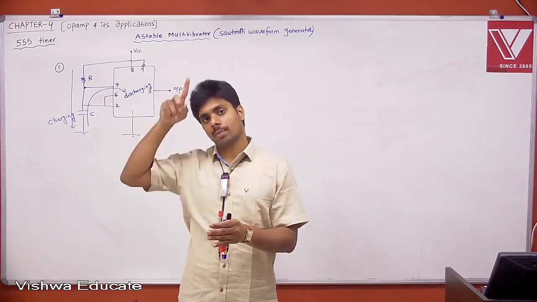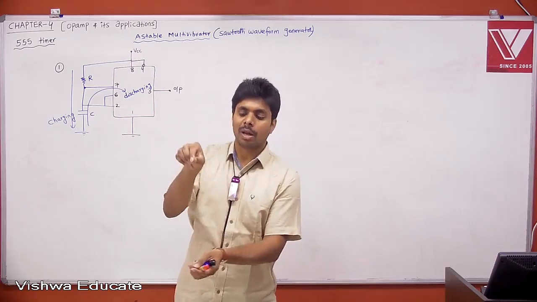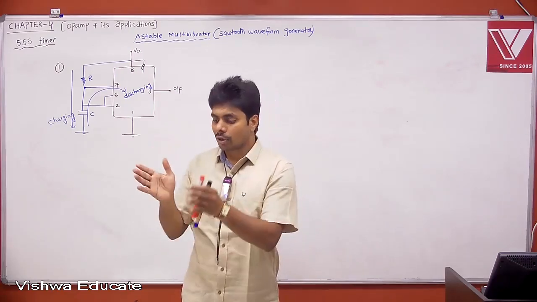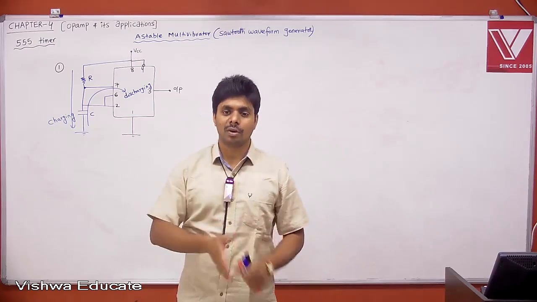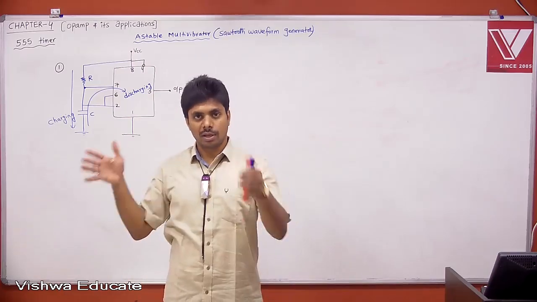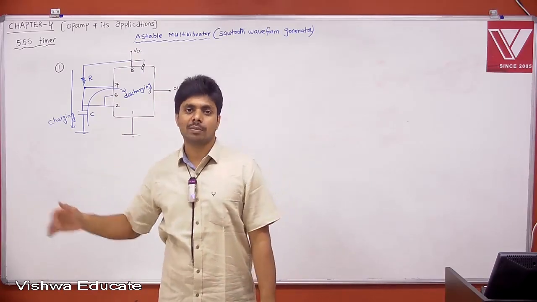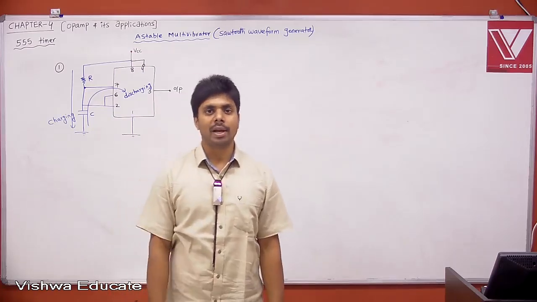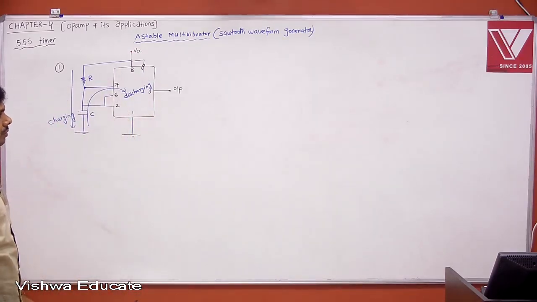Therefore, the y amplitude, the magnitude part, we apply to the vertical plates. For the vertical plates, people apply the signal you want to observe. For the horizontal plates, we have to apply a sawtooth waveform. Therefore, you see the sweep in the CRO display with respect to time, and that is due to the sawtooth waveform on the horizontal plates. This is one of the applications of a sawtooth waveform.